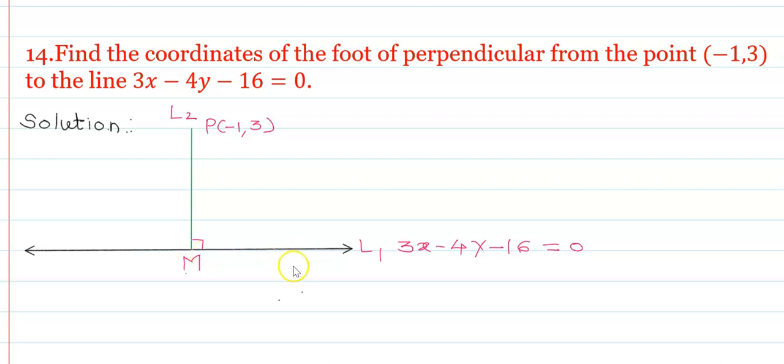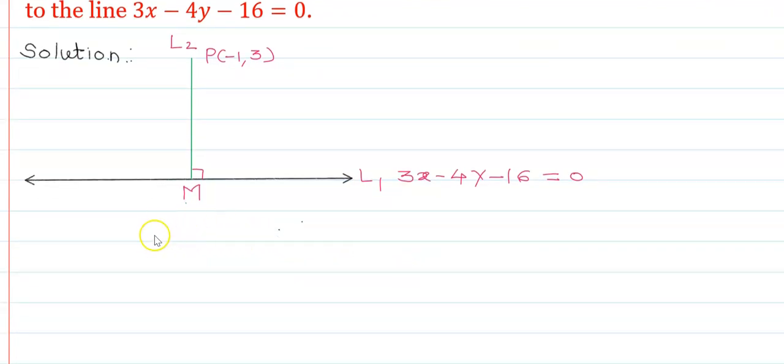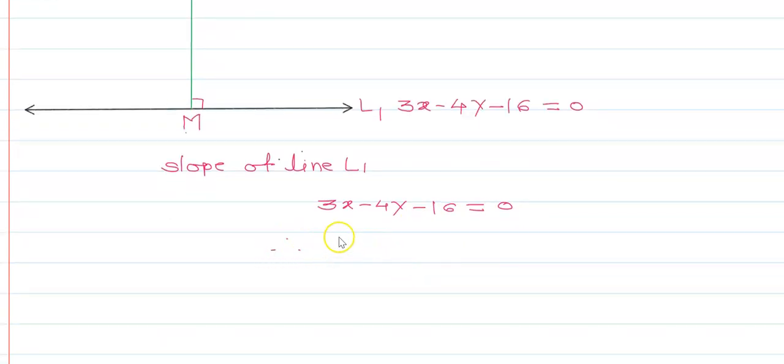Okay, now first the slope of line L1. Its equation is 3x - 4y - 16 = 0. Therefore we can write it as 3x - 16 = 4y.